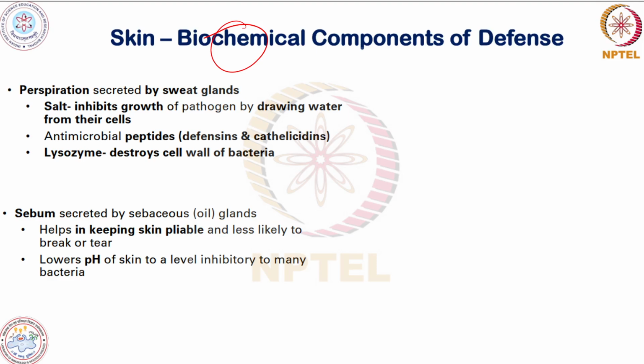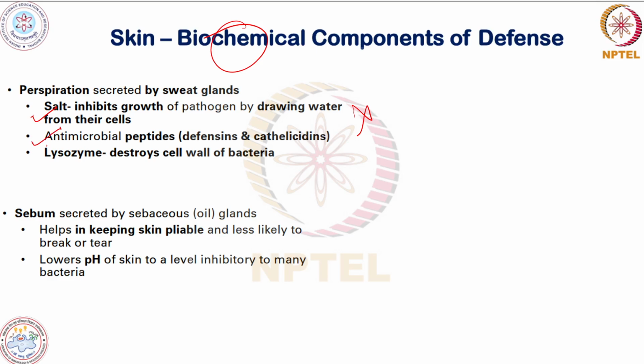So there are sweat glands which produce perspiration, which contains substances that fight microbes. Like this has salt which will inhibit the growth of pathogens by drawing water from their cells, leading to dehydration and death of the pathogens. And that's why sweaty skin is less prone to bacterial infection.